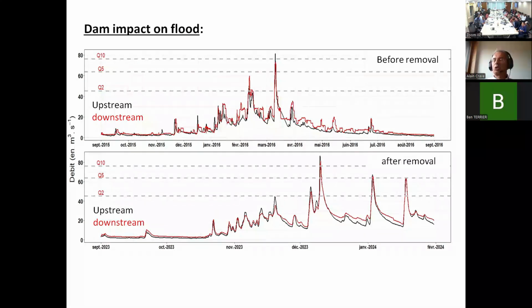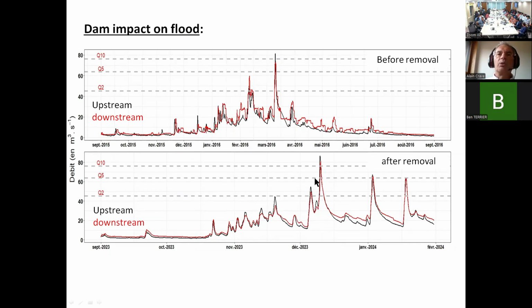So it shows you clearly that these dams don't dampen the flood. They are transparent dams when you consider the flood. And just after the dam, we get back to a more natural progression of the discharge between upstream and downstream.